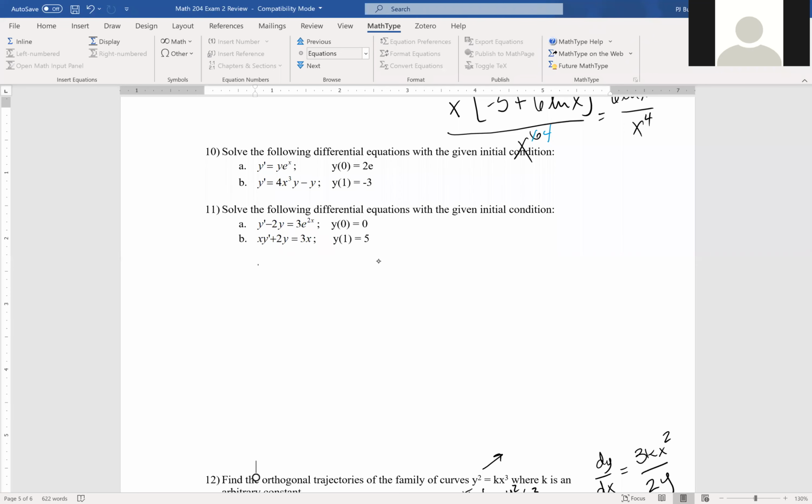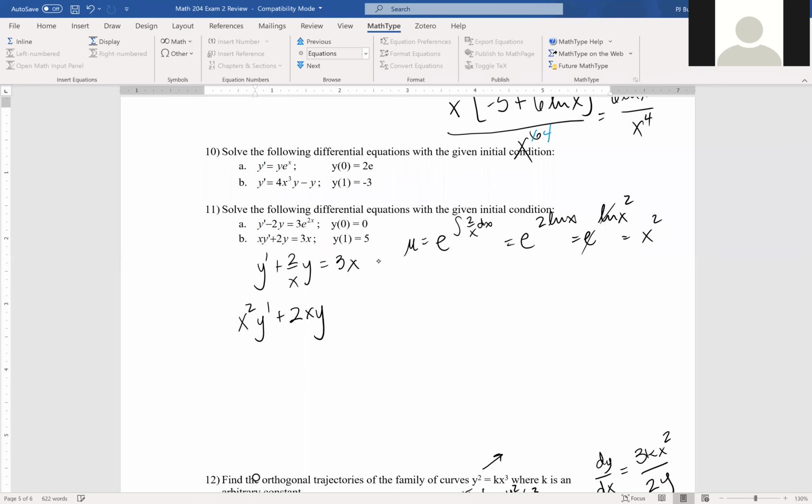So let's see. If you divide through by x, then you can get an integrating factor. So if you multiply through, looks like that.